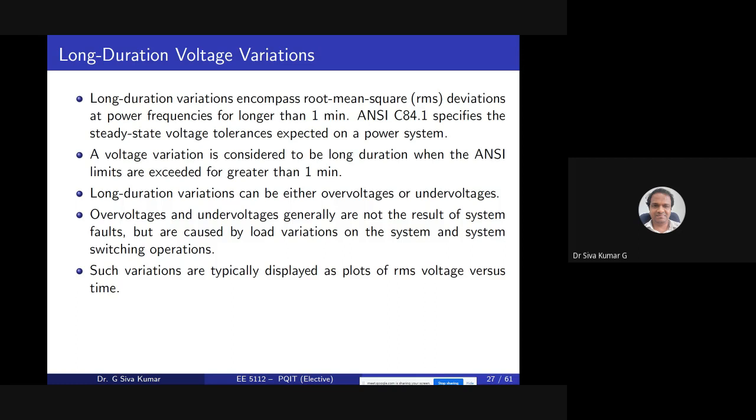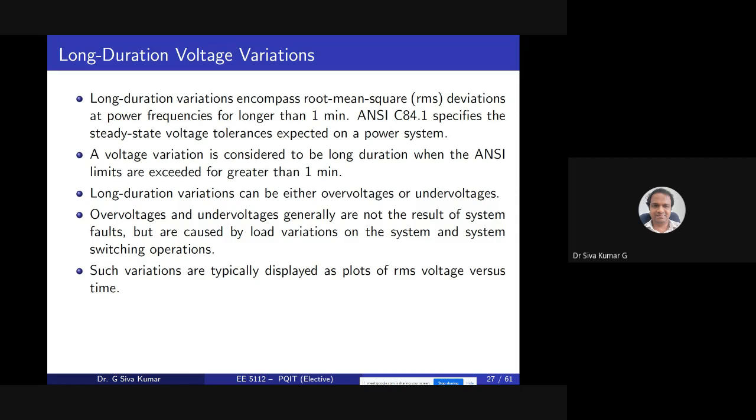I'm talking about a single phase system. If there is a reduction in the peak magnitude, something around 200 into root 2, that kind of variation in the fundamental voltage signal magnitude only is changing. In that case, we'll be calling it long duration voltage variations.